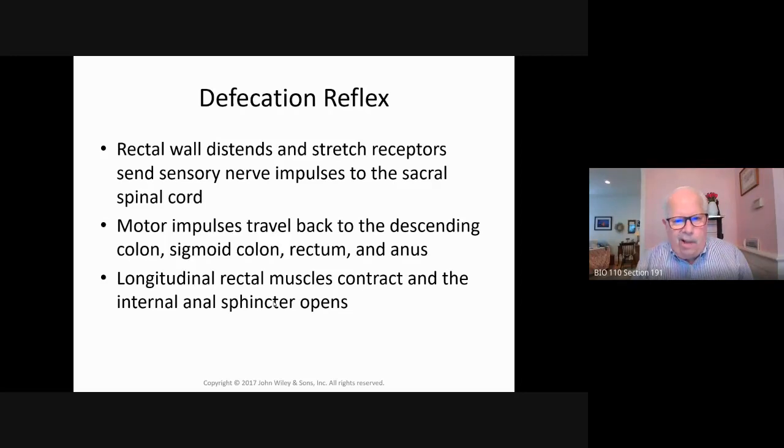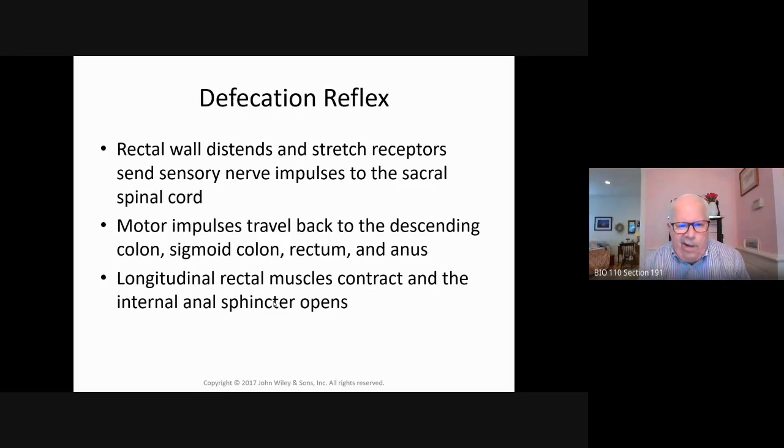The motor impulses travel back to the descending colon, sigmoid colon, rectum, and anus, and the longitudinal rectal muscles contract. Your internal anal sphincter opens, your external anal sphincter opens, and you leave a deposit in the toilet.